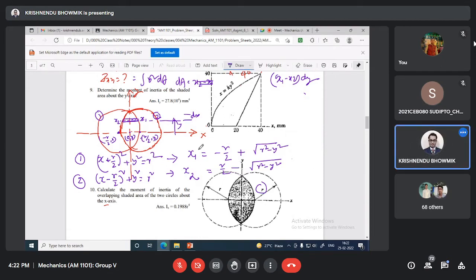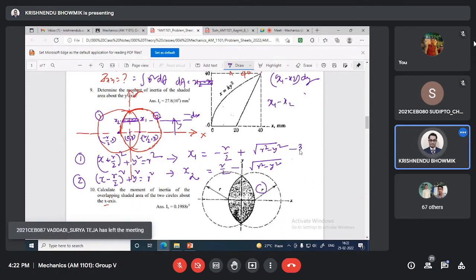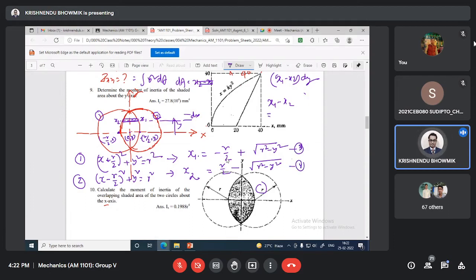If it is so, then x1 minus x2, maybe equation 3, equation 4. So x1 minus x2, the r by 2 terms will not cancel out, they will be added. So it will be 2 square root r square minus y square minus r.